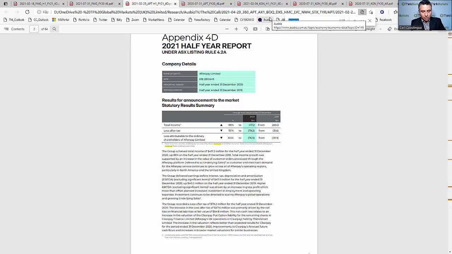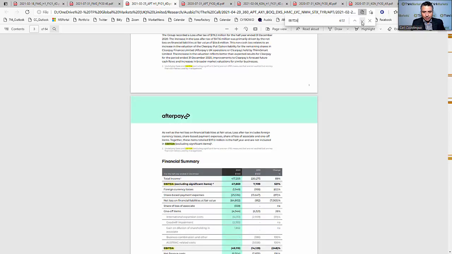So let's search that up right now, EBITDA, and we can see that EBITDA for the half year ended 31st December was 47.9 million. I'm just going to skip down a little bit until we get to a comparison to the previous half, and that was considerably lower, 7.7 million. That is for the first half of the previous financial year. We need to determine what the EBITDA was for the second half.